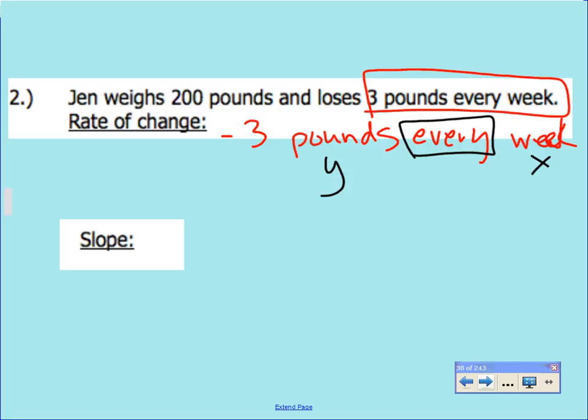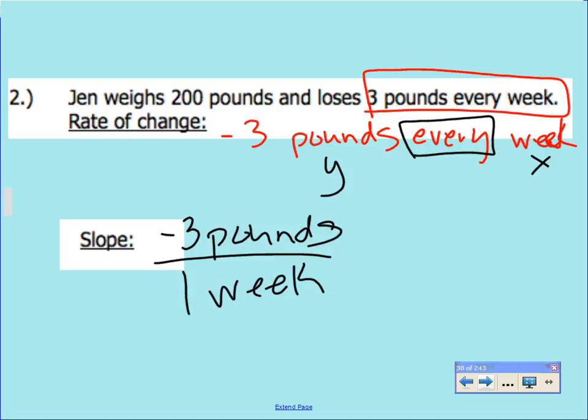It's always the y over the x. Amanda. Awesome. Negative 3 pounds over 1 week. Zach, what is just the number slope without the words? Good. Negative 3 over 1. For now, you have to have both of them written down.